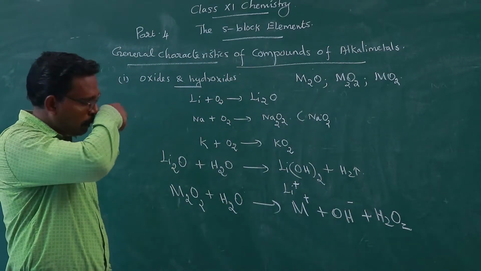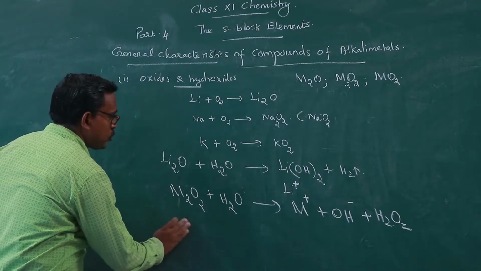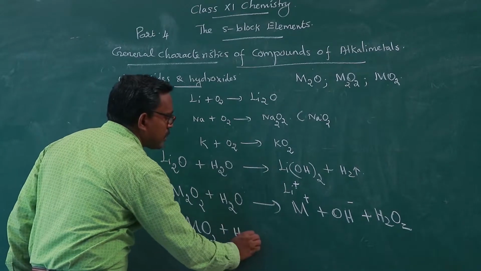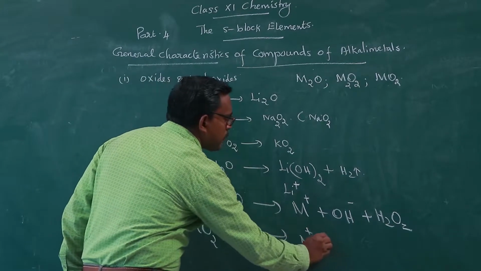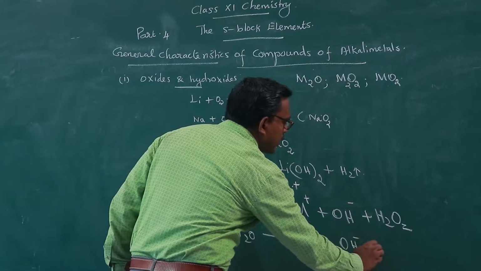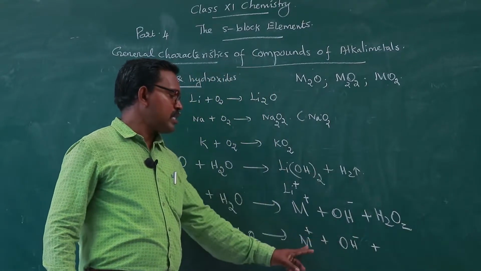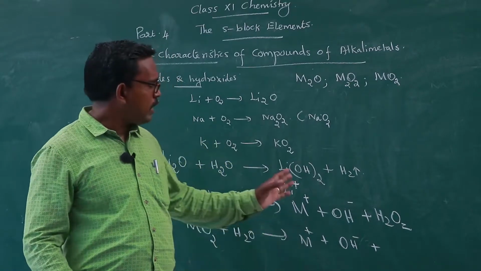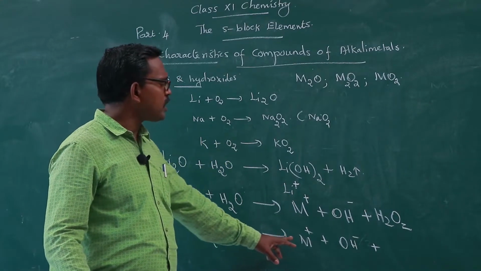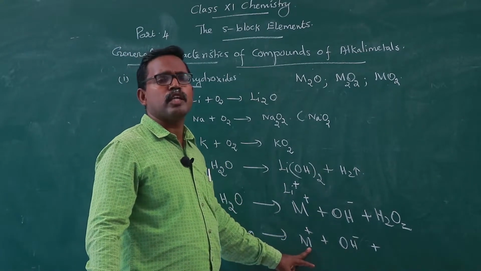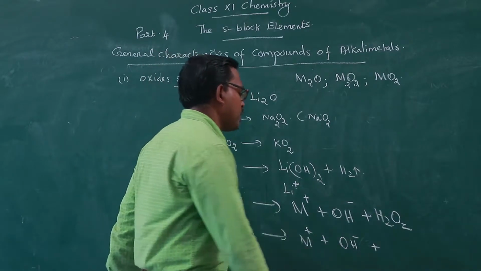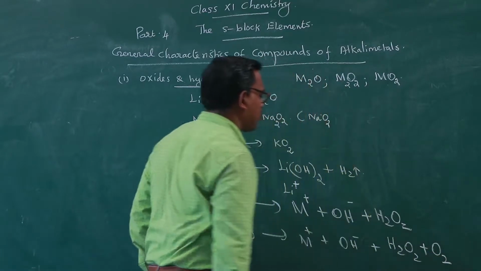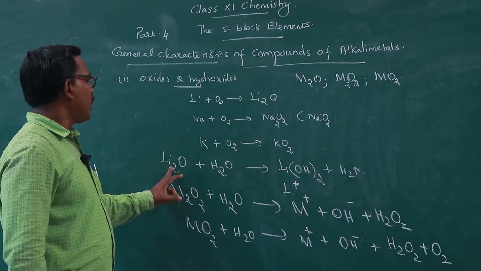Suppose the superoxide, MO2, reacts with water. It also gives M plus and OH minus, that is, the metal hydroxide, written as M plus and OH minus, along with hydrogen peroxide and oxygen. So these are the different products.